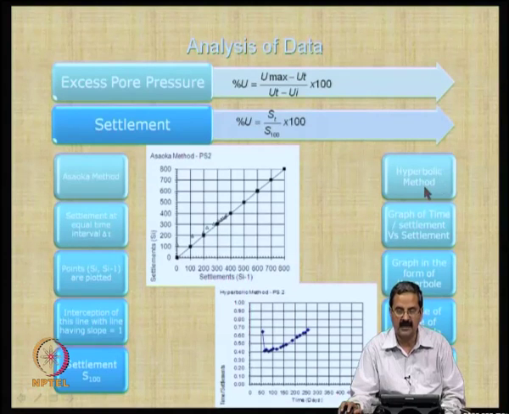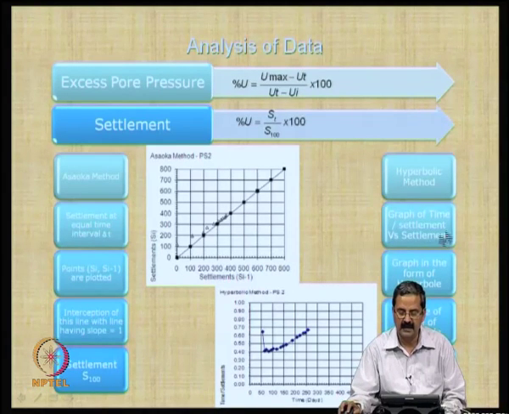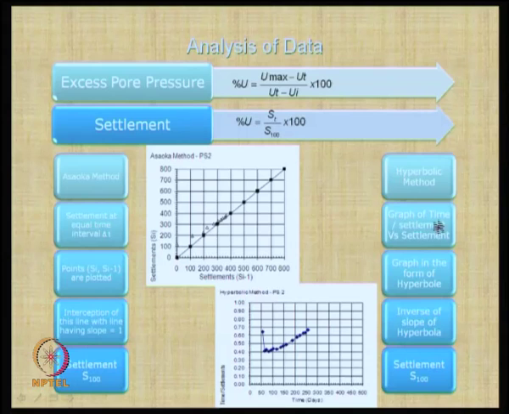In fact, the hyperbola is a standard constitutive model in basic mechanics, which we call the Duncan-Chang model. What we do here is plot time versus settlement, and whatever is in curved form becomes a straight line, and the hyperbola is then the inverse of the slope.